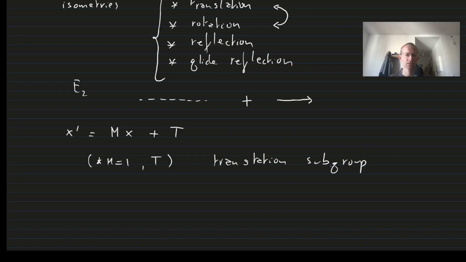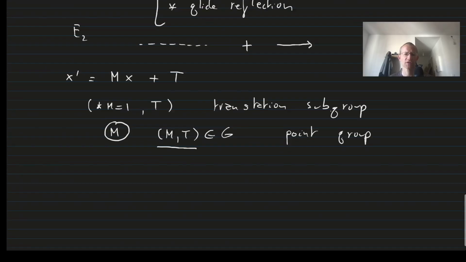And then we can also study the group of matrices M for which there is an (M, t) inside the group. And these form the point group. And this is not necessarily a subgroup because we just studied the matrices M and not the element (M, t) of the group. So we just multiply the matrices.